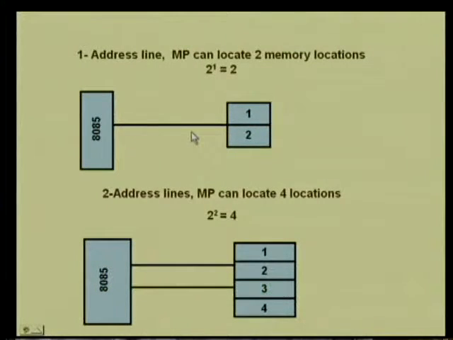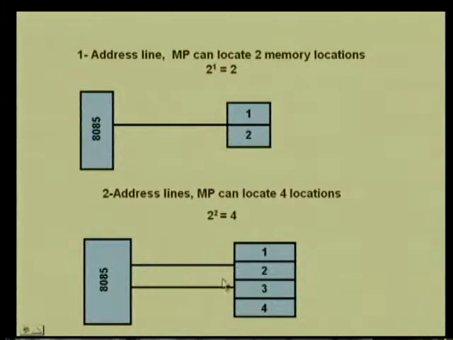Over this single address line, it can send a single bit which corresponds to an address. By sending 0 as the address, it can identify one location. By sending 1 as the address, it can identify a second location. So with one address line, it can locate 2 locations, that is 2 power 1 is equal to 2.